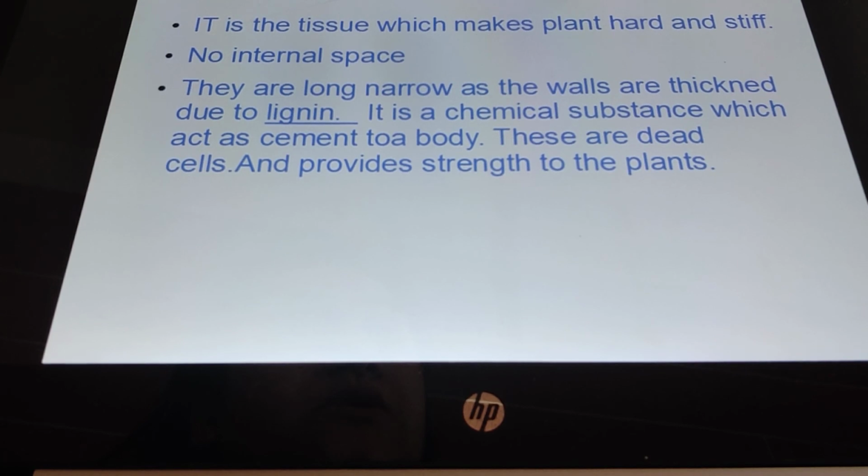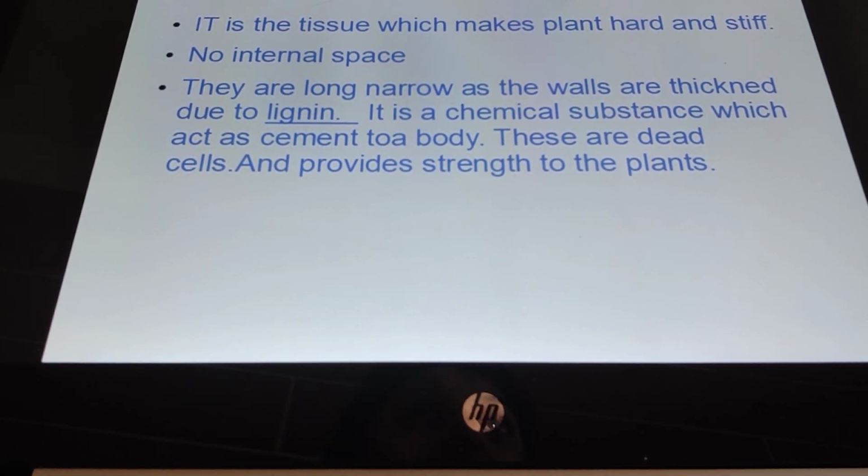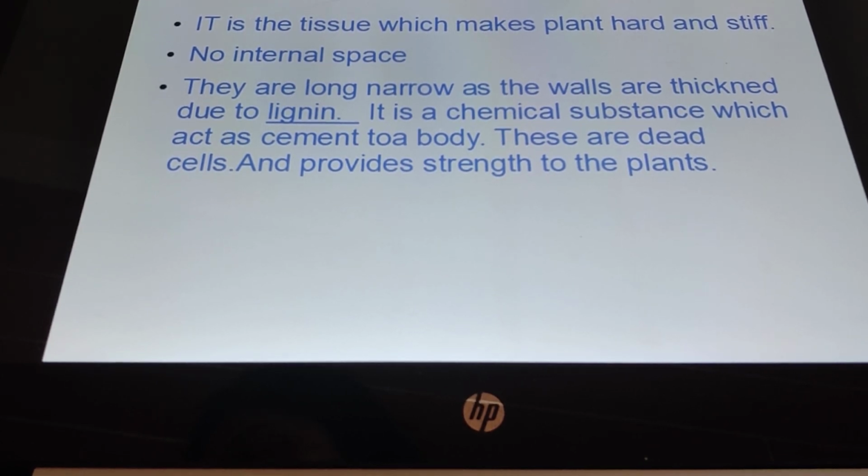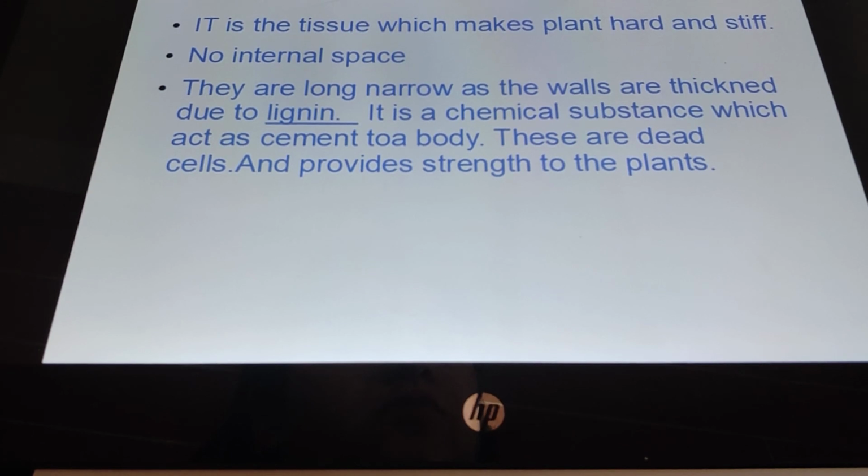Sclerenchyma gives hardness and stiffness to the plant body. Examples are the husk of coconut, nut shells, and the veins of leaves, and the hard covering of seeds and nuts. It also gives mechanical support to the plant body.